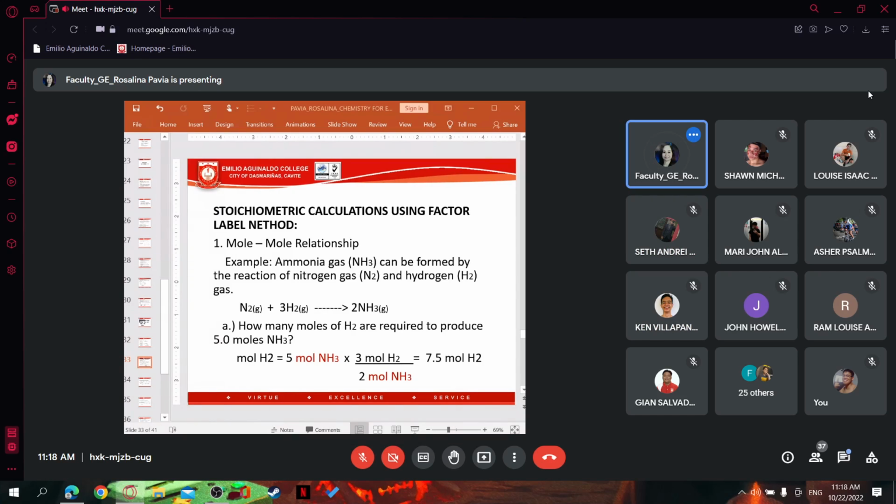Wala. Anyway, dito ko na lang siya gawin. Okay. So we're going to compare making use of the formula.